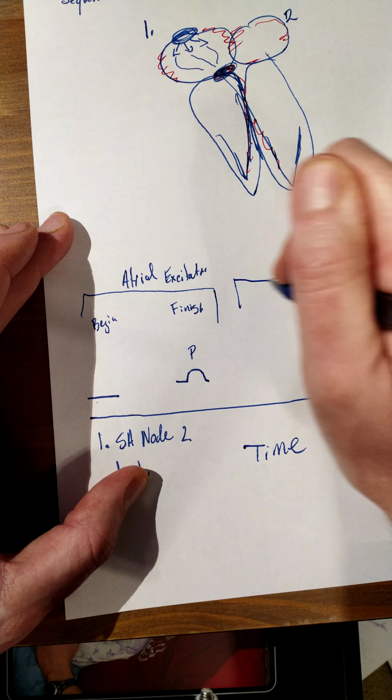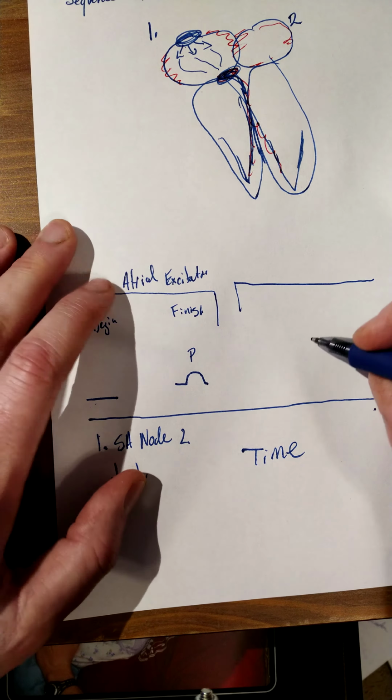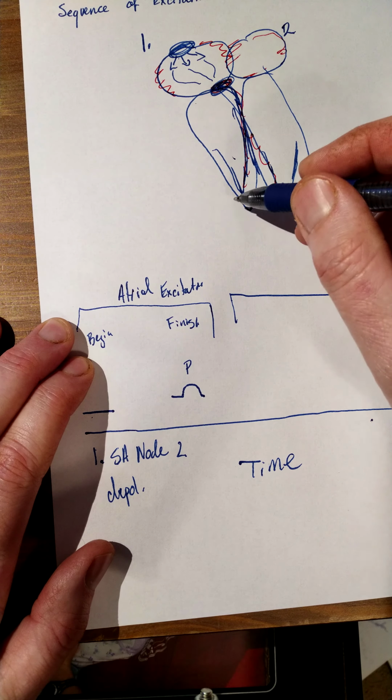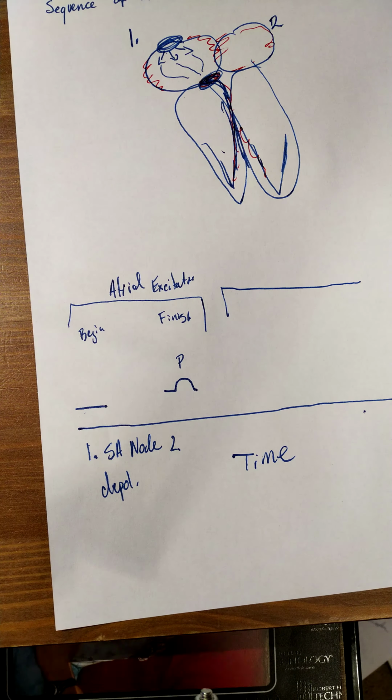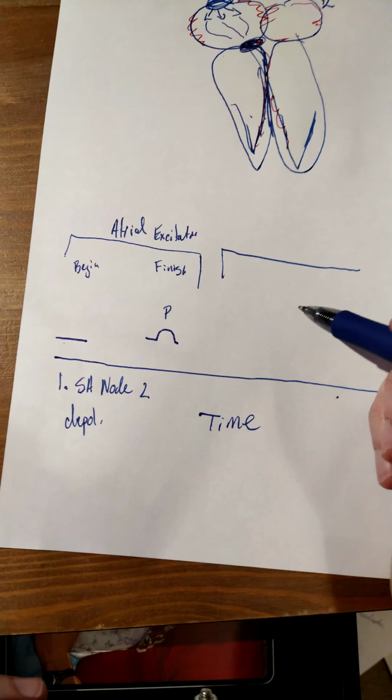And at this point, once the AV node is triggered and begins to depolarize and send the electrical activity down the bundle of His and into the left and right bundle branches, the depolarization comes through here, and then it looks like this. Sorry about that.